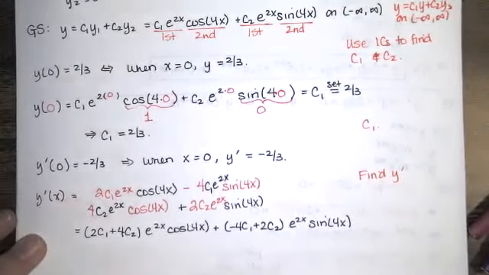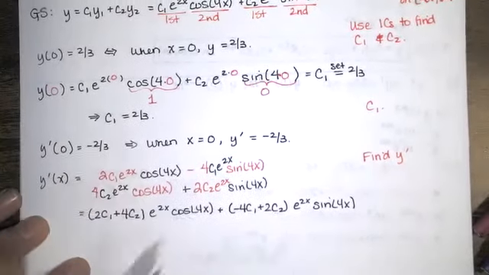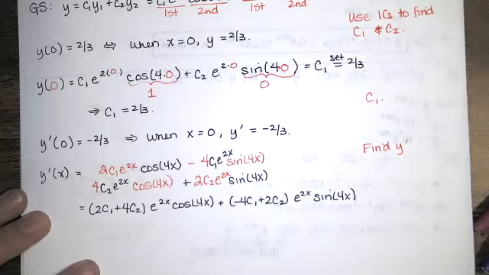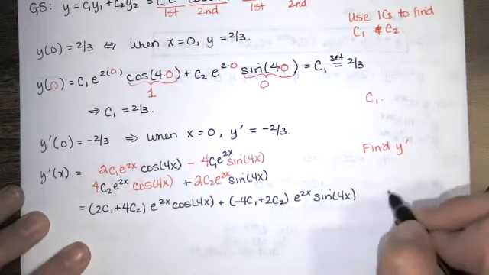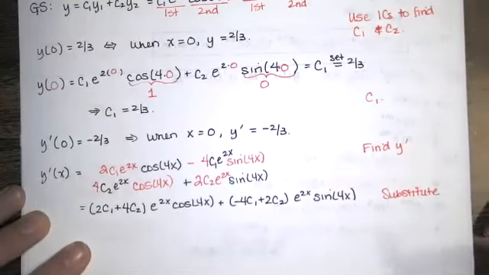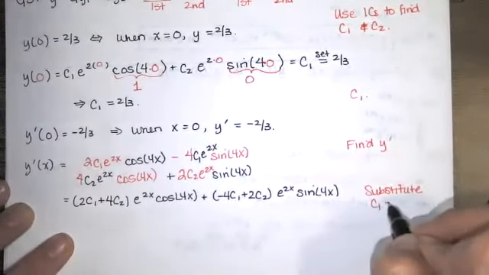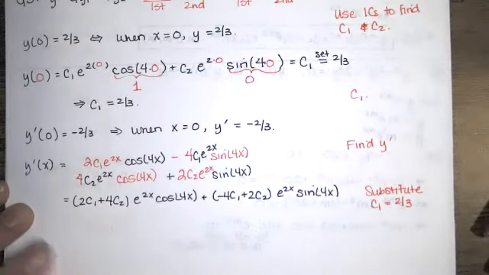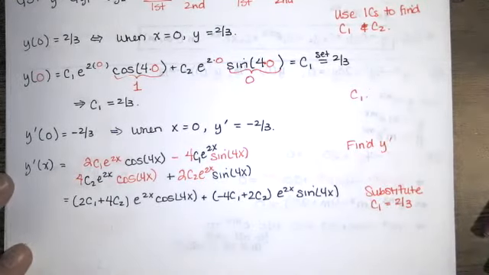That's y prime. But we already know what C sub 1 is. C sub 1 is 2/3. So we can substitute C sub 1 equals 2/3 here. Actually, before we do that, let's evaluate this at 0.